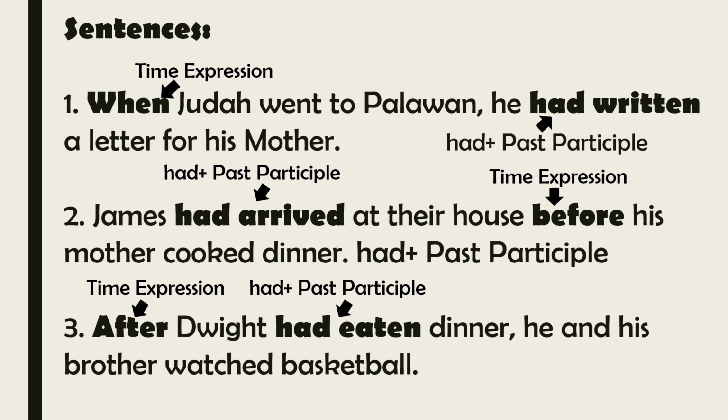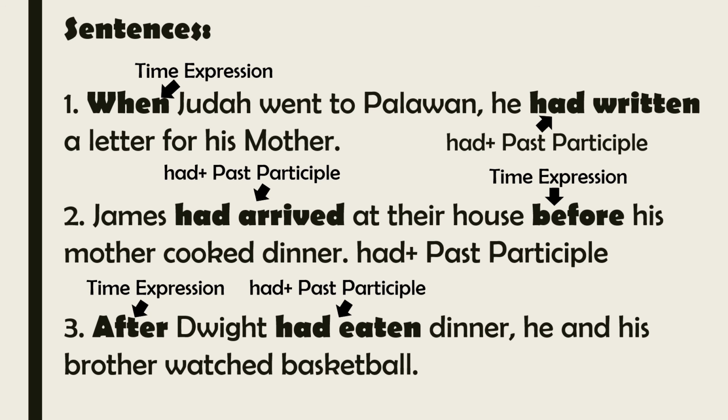Example: when Judah went to Palawan, he had written a letter for his mother. The time expression used in this sentence is when, and had written is the past perfect tense, had plus the past participle form of the verb write, that is written.